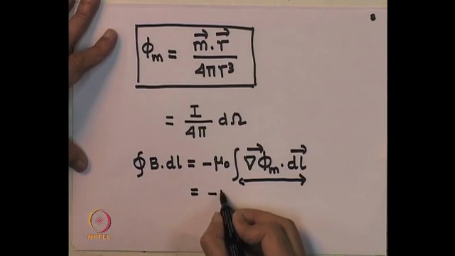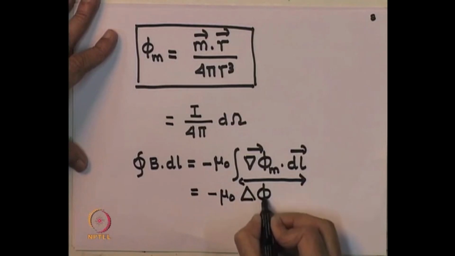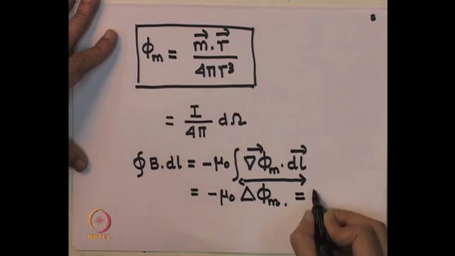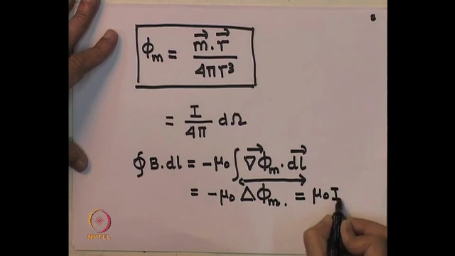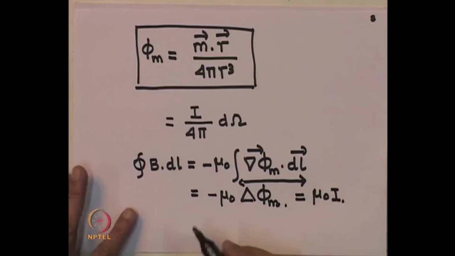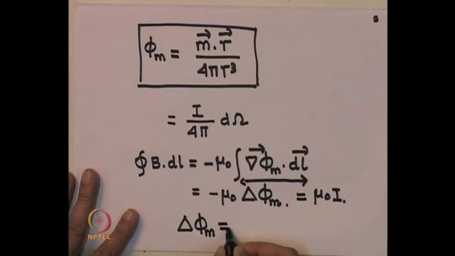So, it is minus mu 0 delta phi m, I will use this delta to show this is the amount of change, and this must be equal to mu 0 I, if this is intersecting a current loop. So, therefore, the discontinuity delta phi m is going to be simply given by minus I.